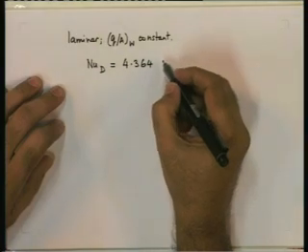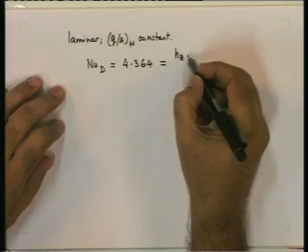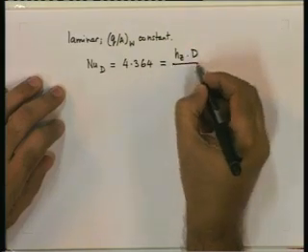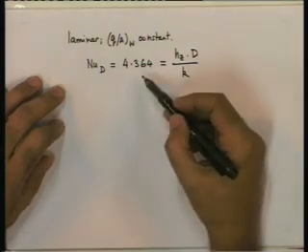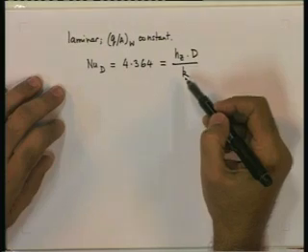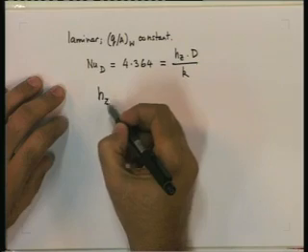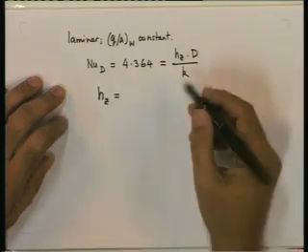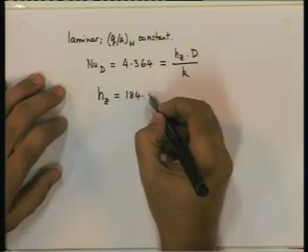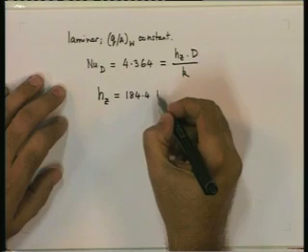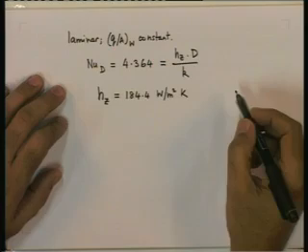The Nusselt number by definition is local heat transfer coefficient into the diameter d divided by the thermal conductivity k. So we know the Nusselt number, we already know the diameter, we have already determined the thermal conductivity. So the local heat transfer coefficient turns out to be 184.4 watt per meter squared per Kelvin.